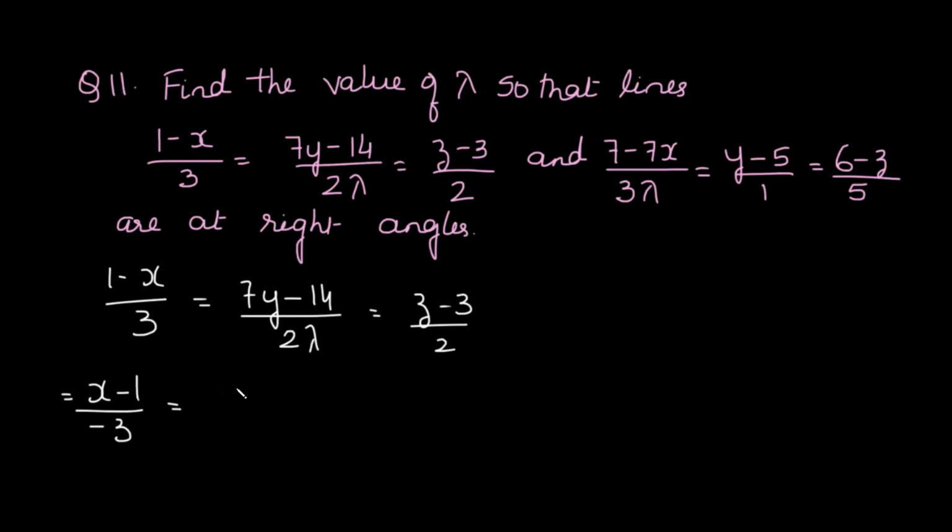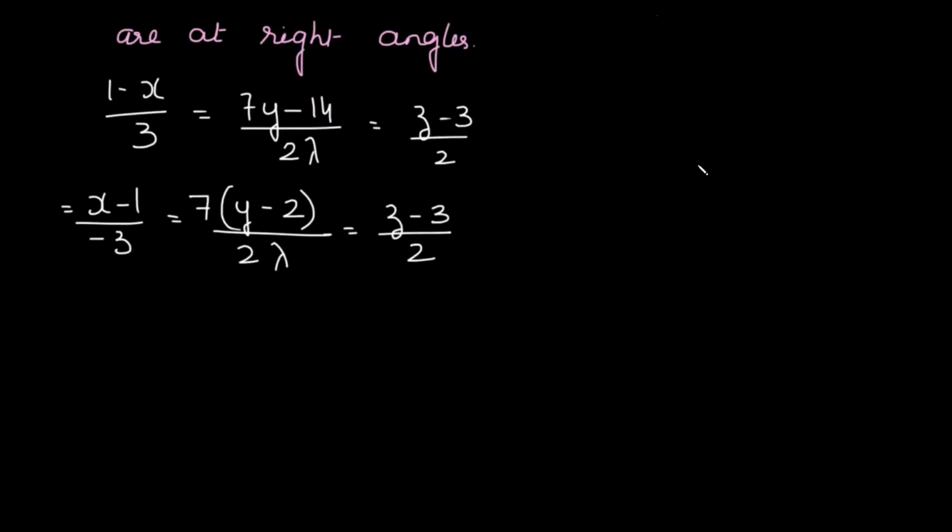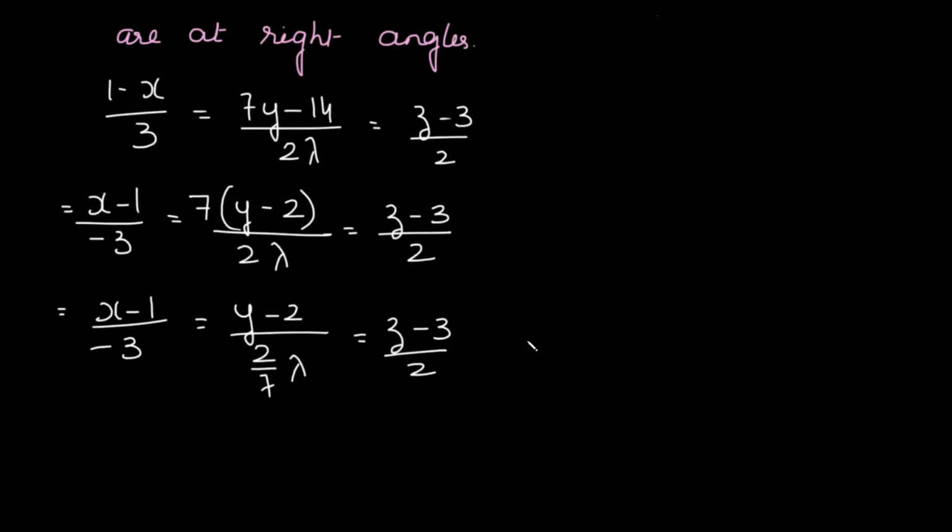Now in the second expression, we take 7 common outside. So we get (y minus 2) upon 2 lambda. The third expression remains as it is because it is in the standard form itself. Going further, we get (x minus 1) upon minus 3 is equal to (y minus 2) upon, now we take 7 in the denominator, so we get 2 upon 7 lambda, which is equal to (z minus 3) upon 2.